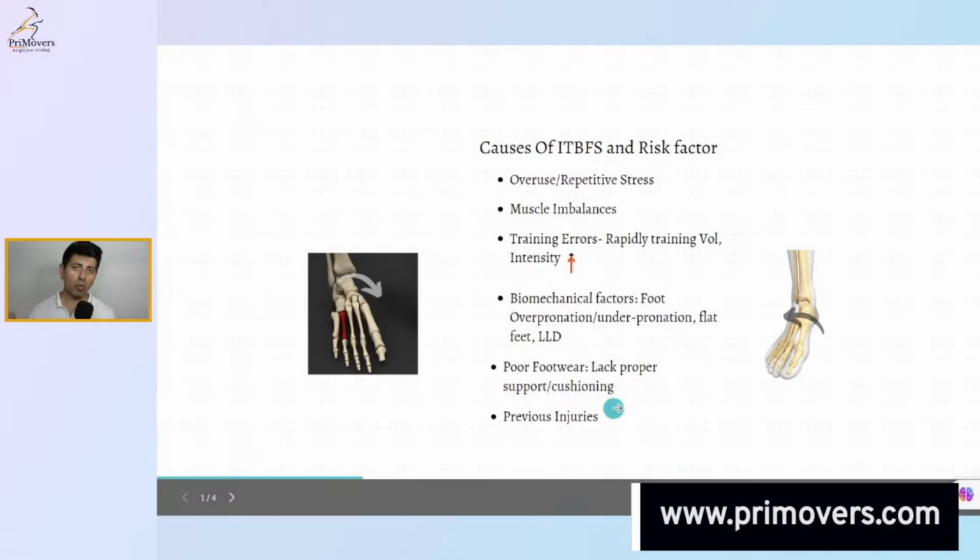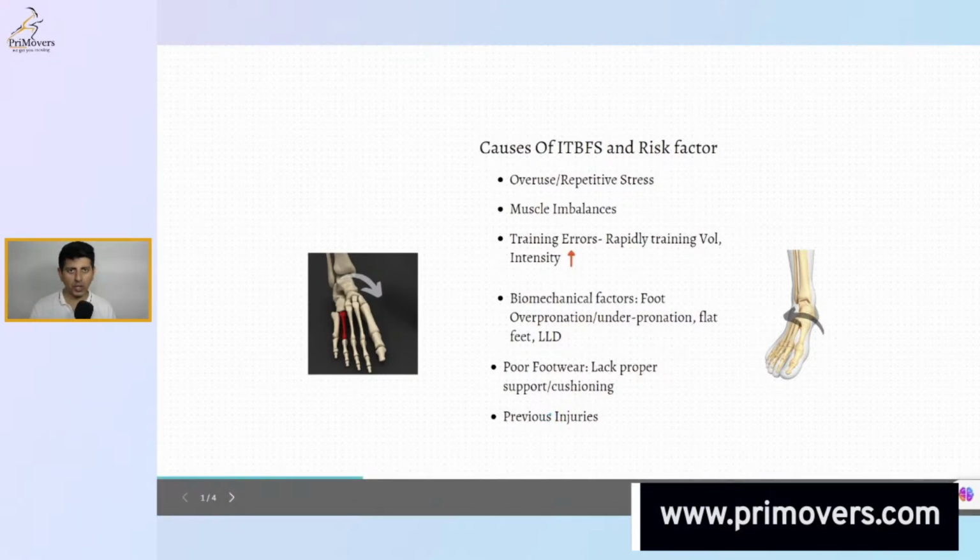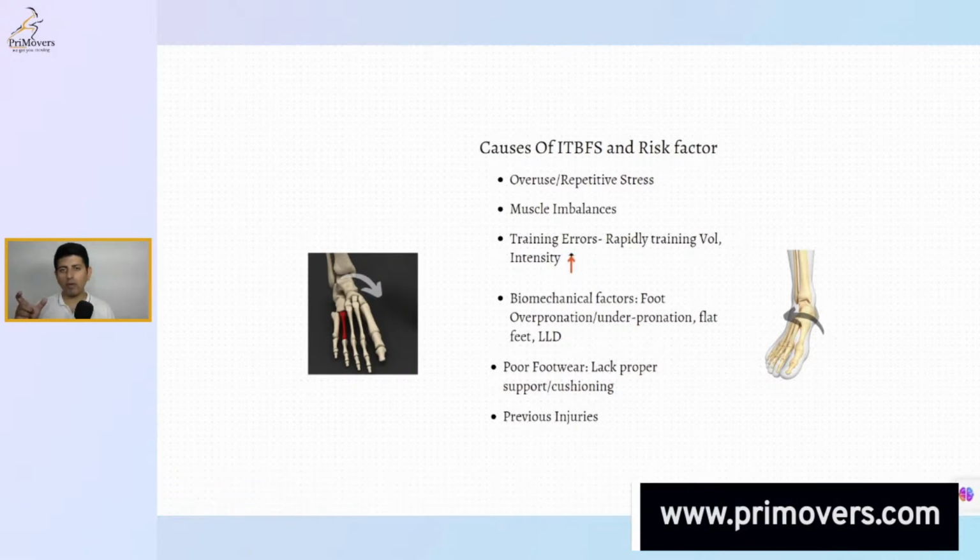If you're wearing the wrong footwear, if your footwear doesn't provide enough cushioning or doesn't support the outer side or the inside, again, when I'm talking about pronation, overpronation, or supination, if your footwear is not providing enough support and cushioning, there are good chances that you can increase the load on the IT band, and eventually the IT band pain can increase.